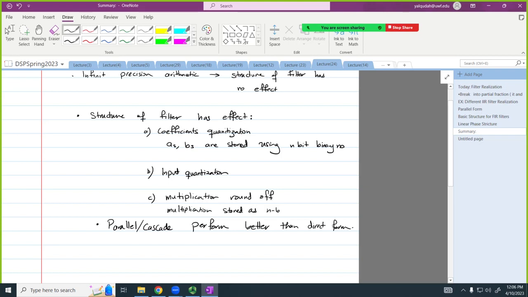Okay, so to illustrate that, let's look at an example and compare the performance of the two different forms of a filter.